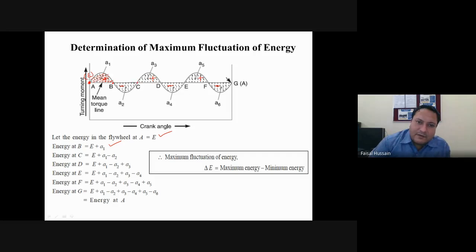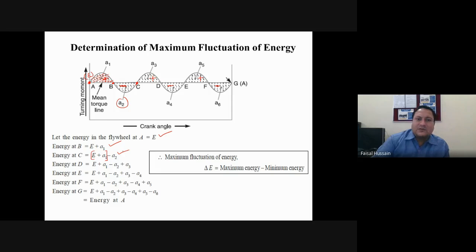Now energy at C will be what? Energy at B is E plus A1. And from B to C, this is the negative loop, so area will be minus A2.